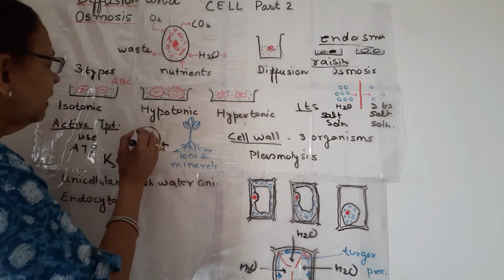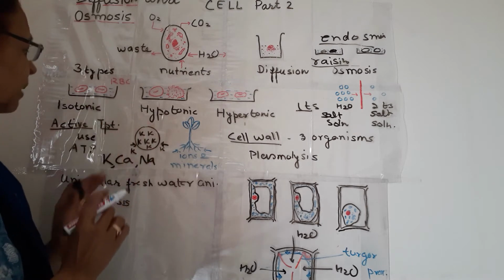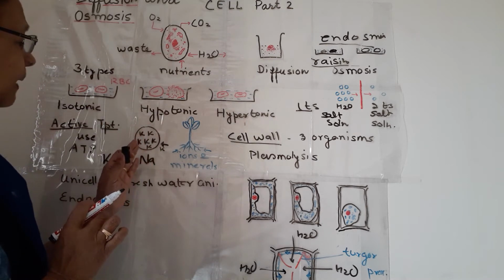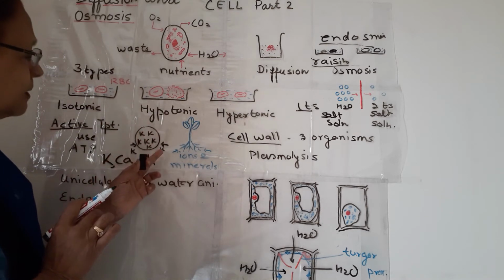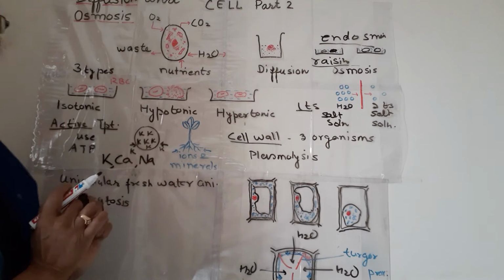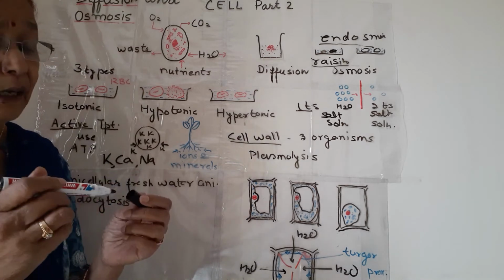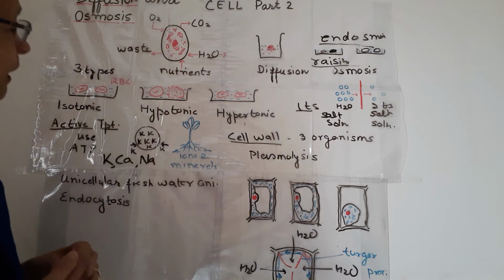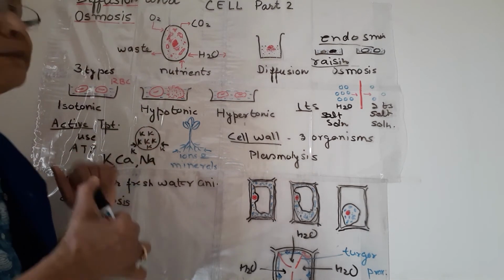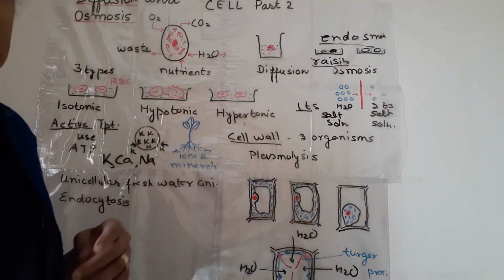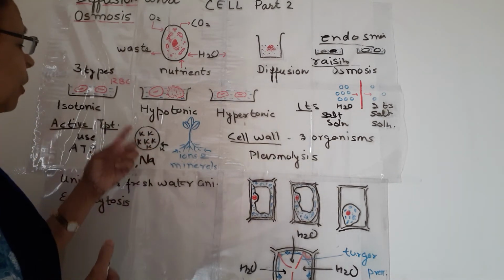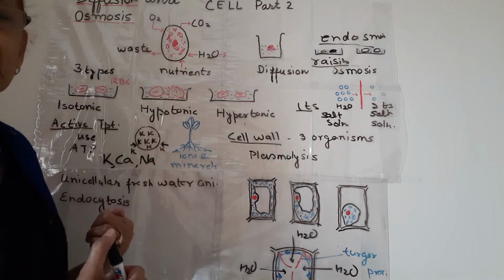Suppose this is the cell, this is potassium ions, they are already inside the cell, which is in higher concentration than the outside medium. Here the potassium is less, inside the cell potassium is more, but even then more potassium is needed inside the cell. So it cannot go by the normal osmosis.